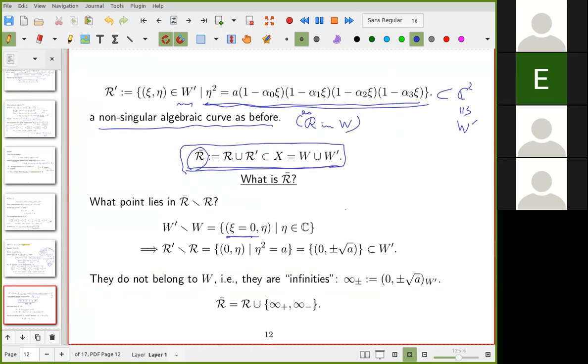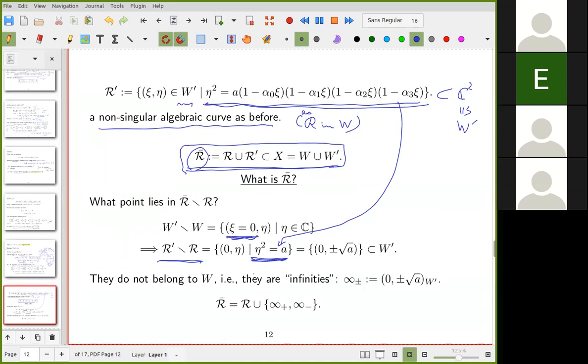So the complement of R in R prime is the set of points that satisfy this equation. Put 0 here, and we obtain such a simple equation.